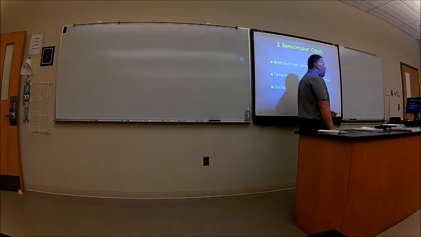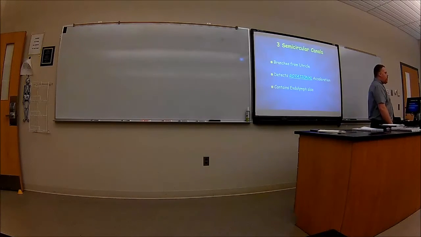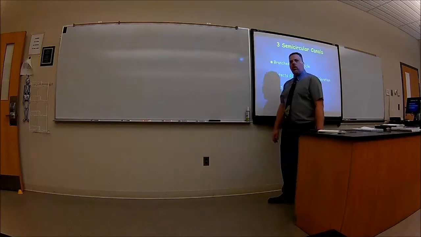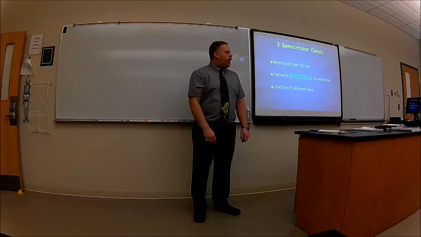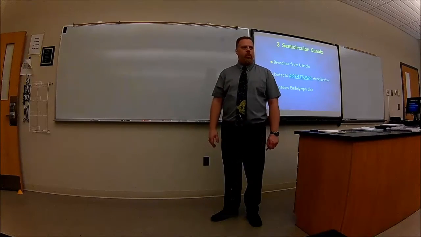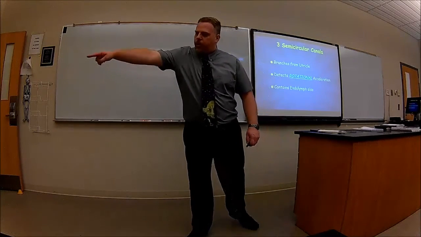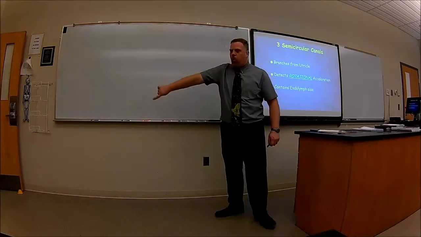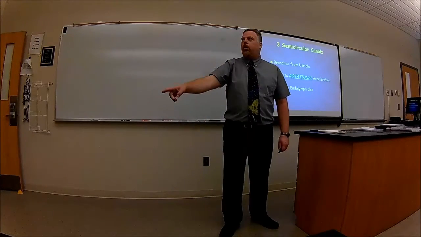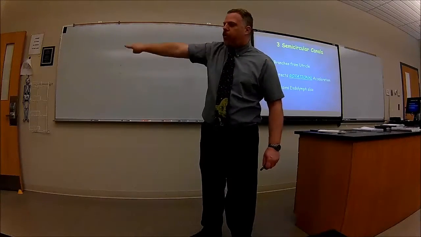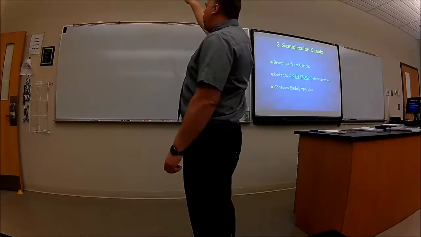The three semicircular canals detect rotational acceleration, and they contain fluid called endolymph also. The best way I can explain how these semicircular canals are arranged is if you look at the corner of the room. There's one semicircular canal on the floor, one against that wall over there, and then one over here.